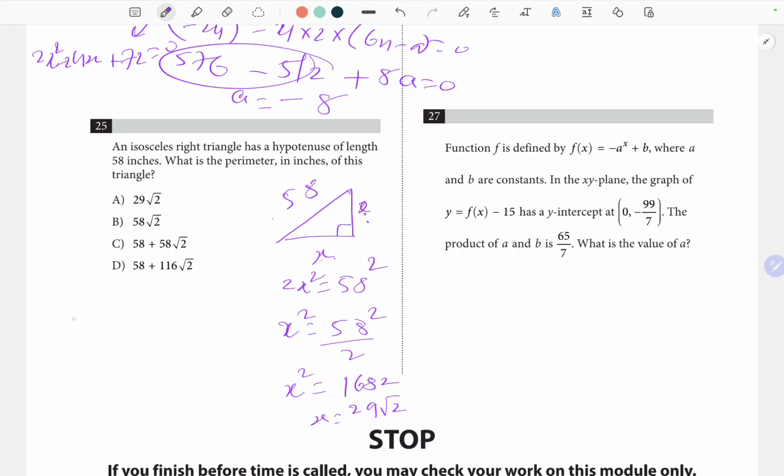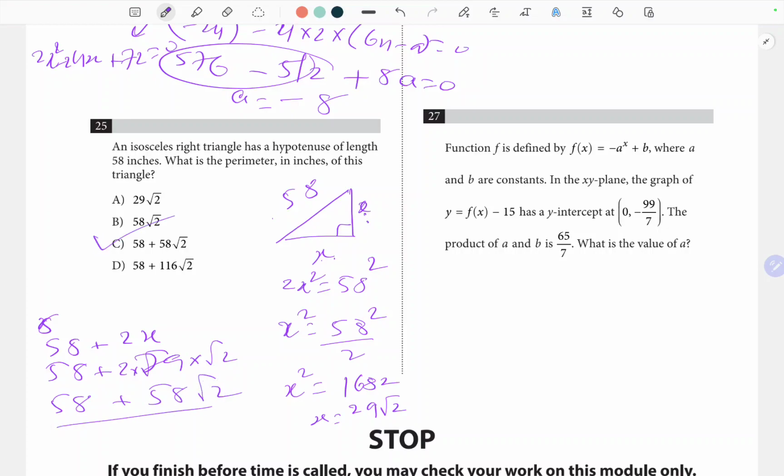Okay, now perimeter will be 58 plus 2x. So 58 plus 2 times 29 times root 2. So 58 plus 58 root 2. So C should be the answer.